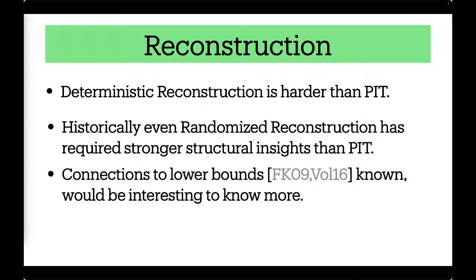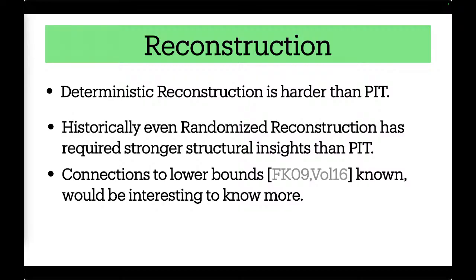And reconstruction has connections to lower bounds. If you get deterministic reconstruction algorithms, you can get lower bounds. Some connections are known in this line, but I personally think it would be really interesting to know more of these connections.